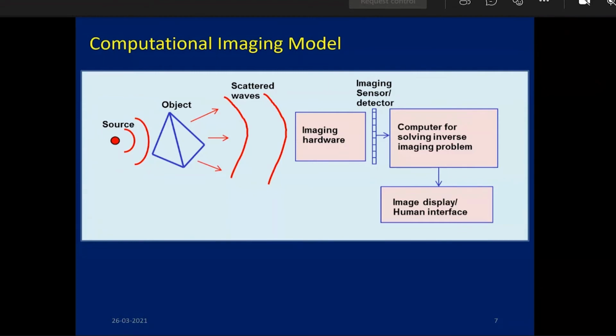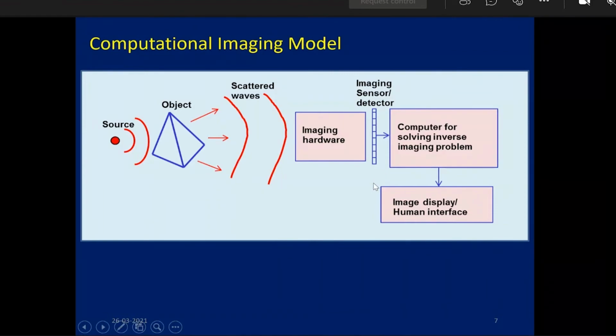There are a lot of things that happen to these scattered waves. At different locations, the scattered waves may have different amplitude, different phase, different polarization, different spectrum, all kinds of physical properties that code this information. And this information is entering your imaging device through some aperture, and is detected somewhere on a sensor.